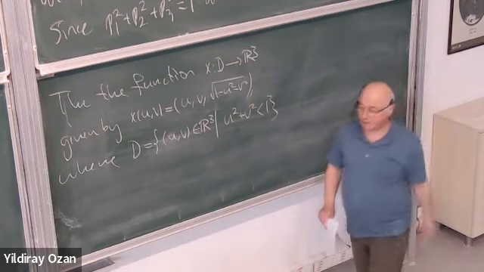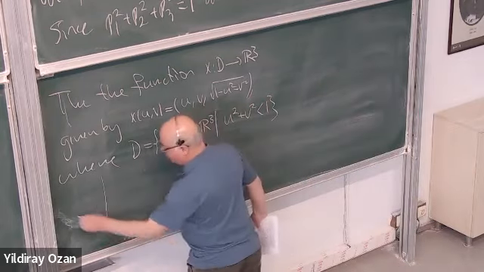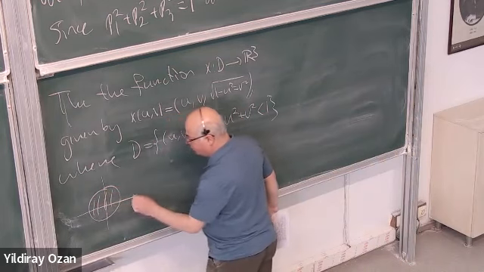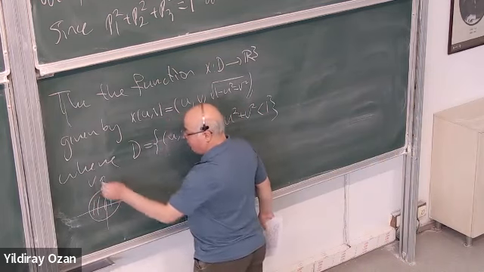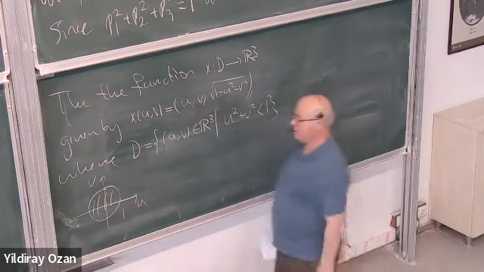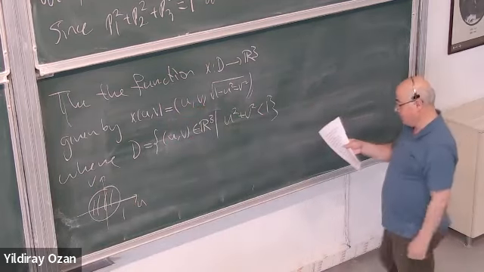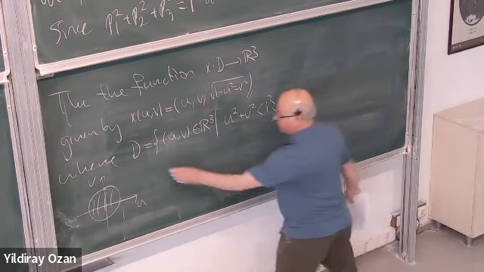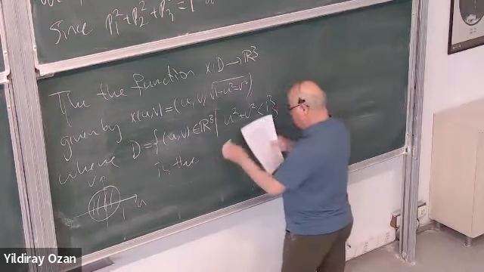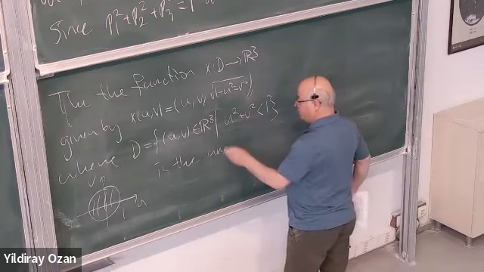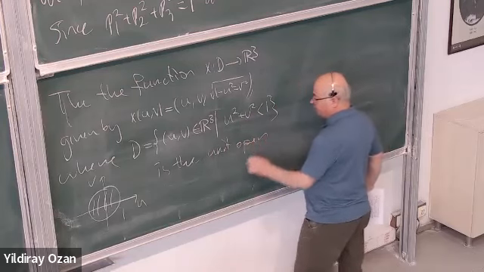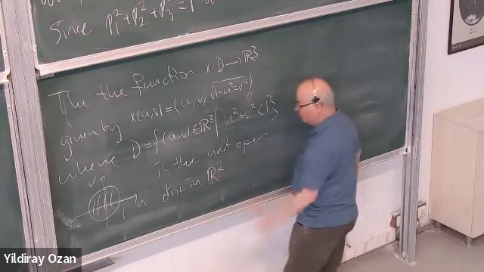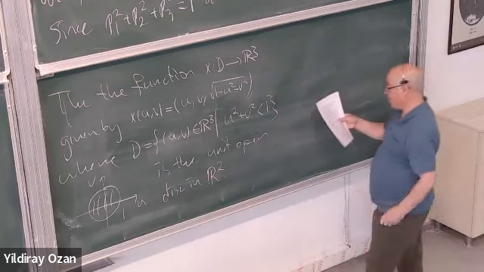This is an open set. It is actually the unit disk in R2. This disk with radius 1 is the unit open disk in R2.